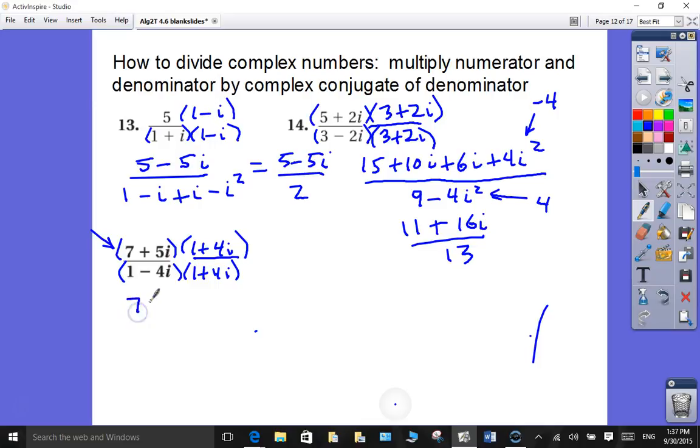That'll be 7 plus 28i plus 5i plus 20i squared. And the denominator, again, I'm just going to do first terms minus last terms. The product of the first terms minus or plus the products of the second term, last term. So this will be 1 minus 16i squared.